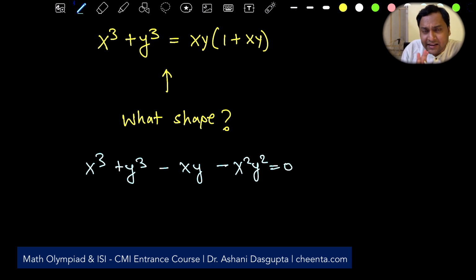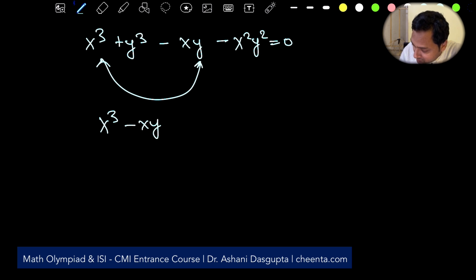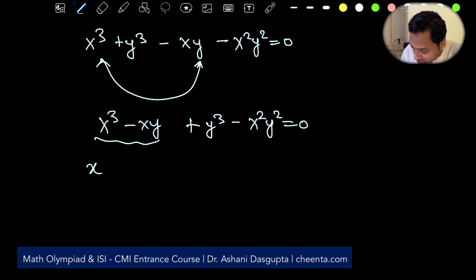Now, by inspection, and if you have been practicing factorization for some time, you will immediately see that this can be factorized. You have to pair it up correctly. So, x cube minus xy plus y cube minus x squared y squared equal to 0. From the first two, let's take x common.